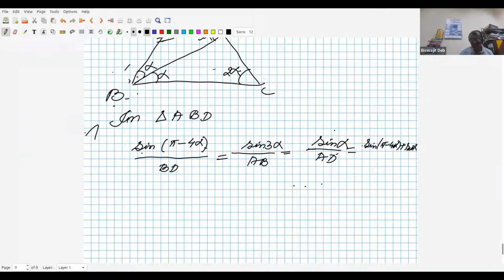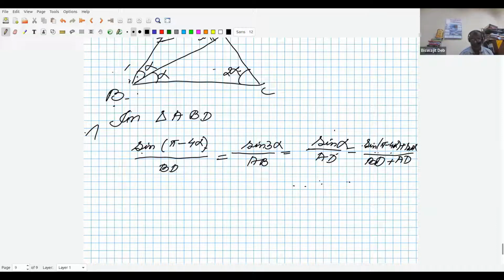So I'm taking first ratio and second ratio and divided by BD plus AD.